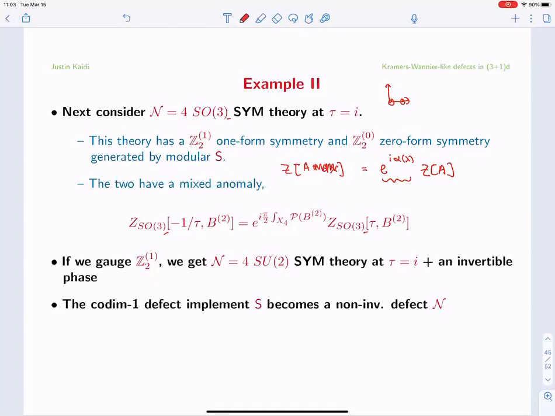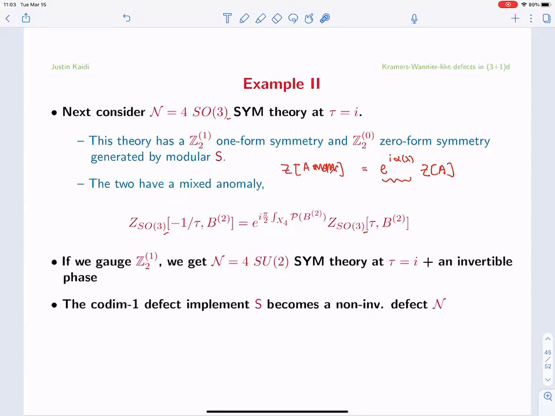I think that's one way to say that. That's fine also, I guess. So it's kind of a magnetic one-form symmetry. In this case, in that language, it's a dyonic one. Okay, I see what it is. Thank you.